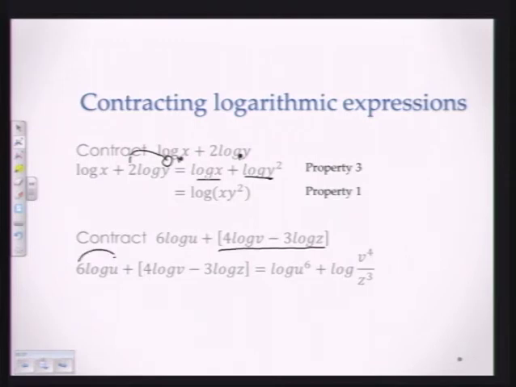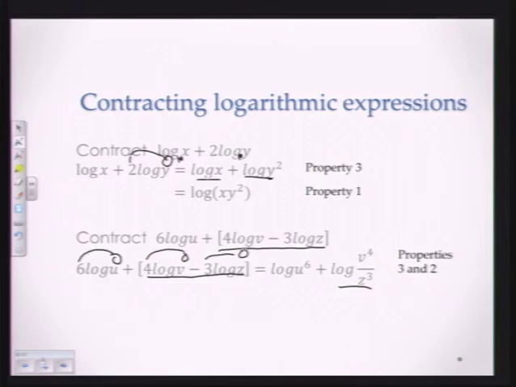Remember, we can take those numbers in front and change those to powers in our logarithmic expression, and that's what we've done. And then, in this same step, if I've got the common log of two things being subtracted, I can turn that into one expression, which is the log of v to the 4th divided by z cubed. So I've used really properties 3 and 2.